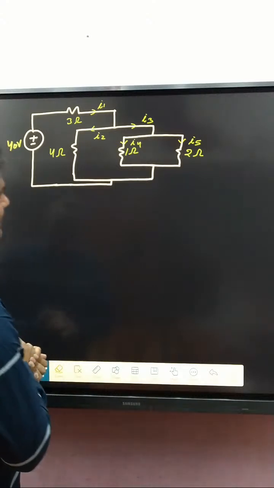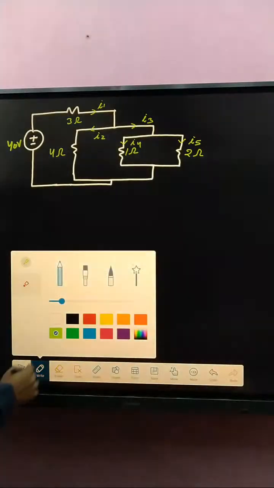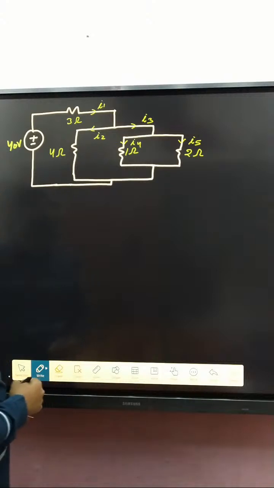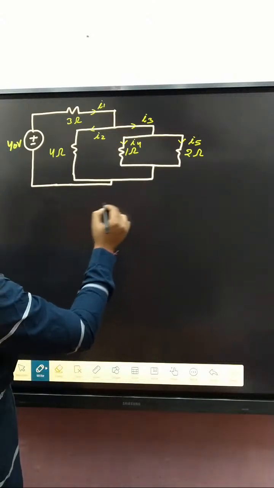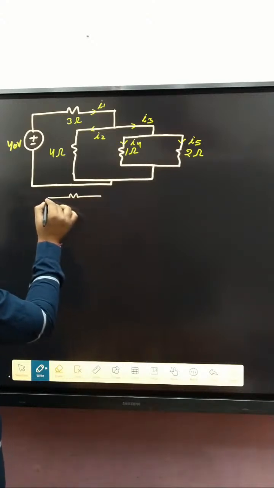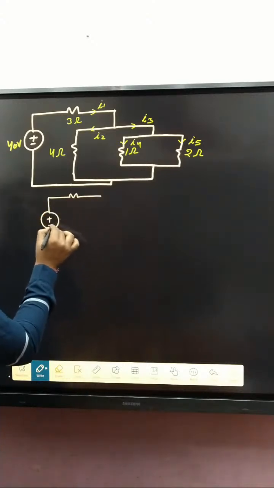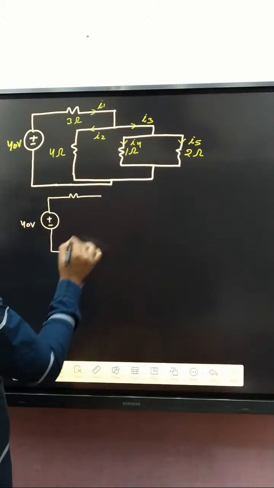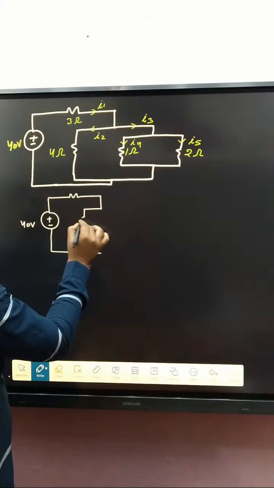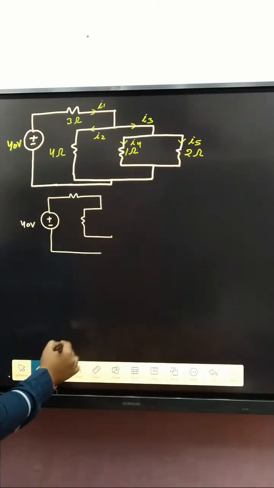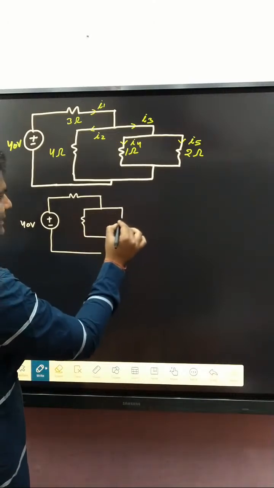If you see very carefully, using the circuit reduction method, 2 and 1 are parallel, so combination of these two we got this one, and that one is 40 volt. That is 4.